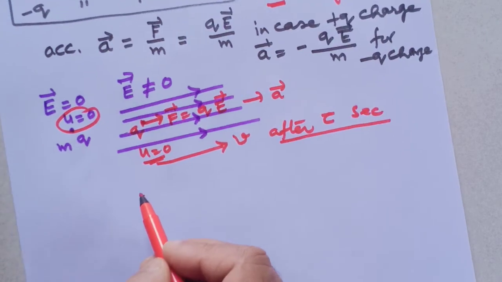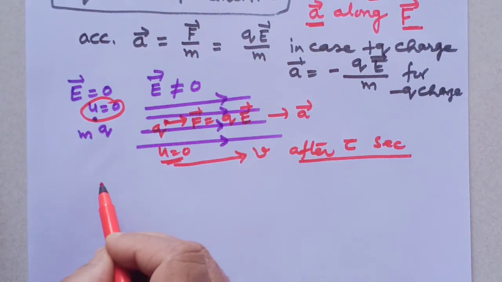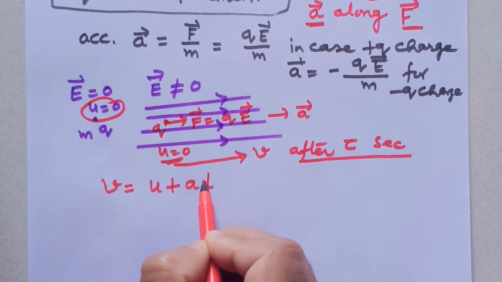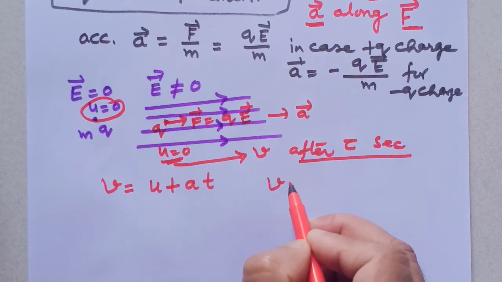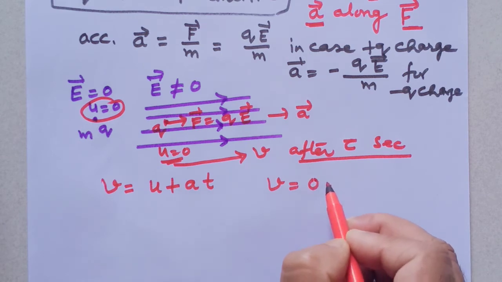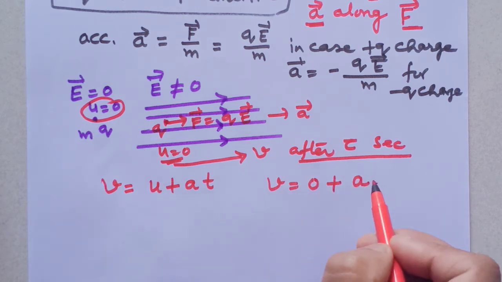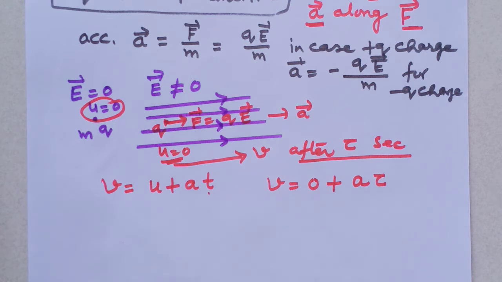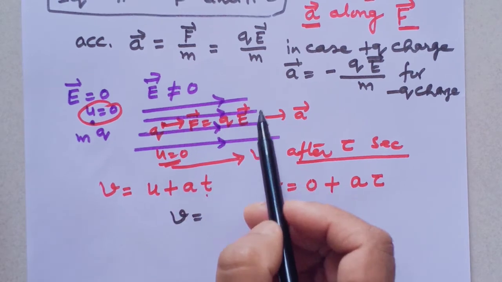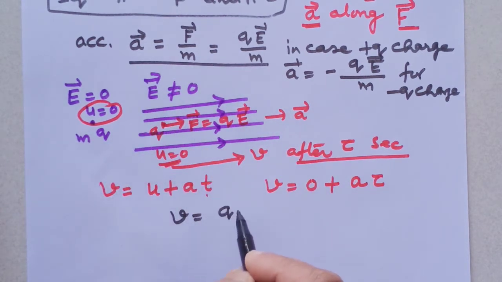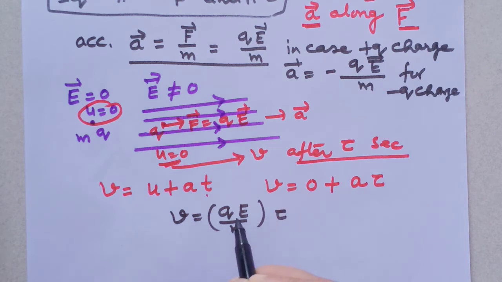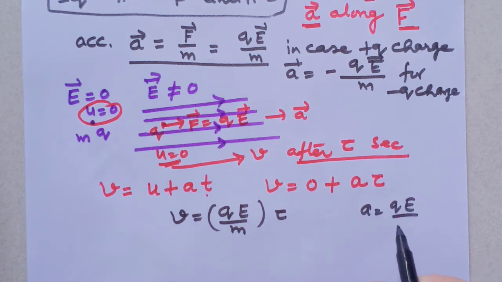Then the velocity v after tau seconds can be found using the first equation of motion, v equals u plus at. Here u is 0, plus acceleration, whose value we have calculated as QE upon m, into tau.